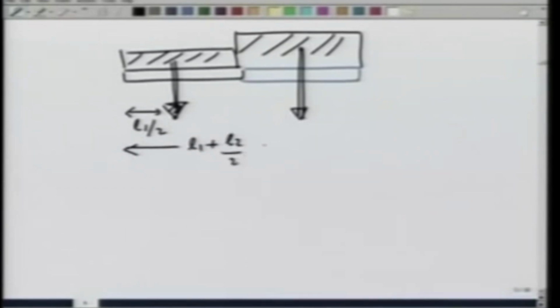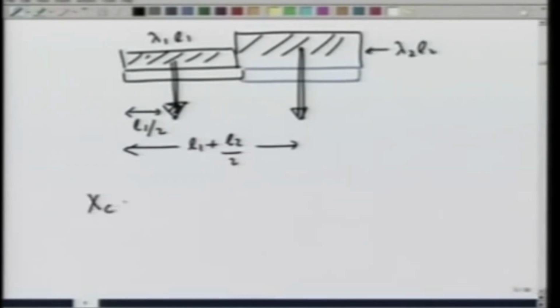I know the center of gravity of this load, which is at a distance of L1 by 2, and the center of gravity of the other load is here, which is at a distance of L1 plus L2 divided by 2. The total area here is lambda 1 L1, total area here is lambda 2 L2.